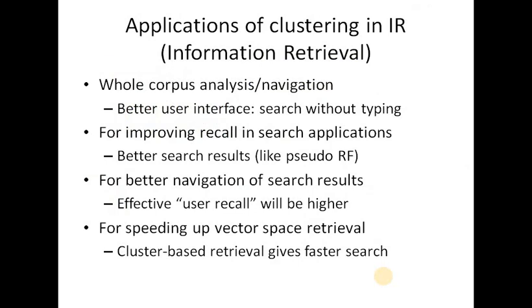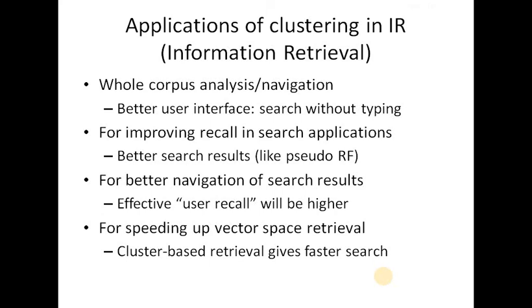If we are talking about information retrieval, whole corpus analysis is the navigation part. Information retrieval is done through the navigation section: a better user interface, search without typing, where the user can find data according to their need.